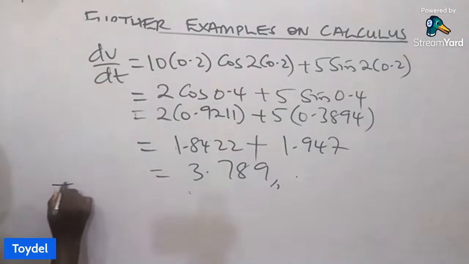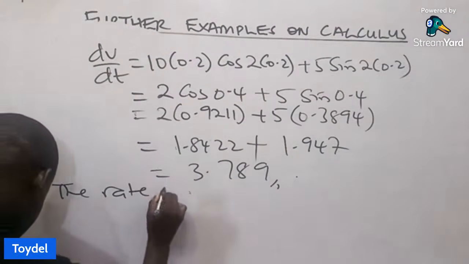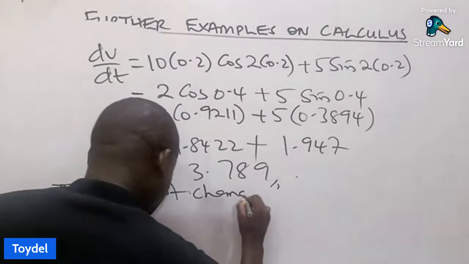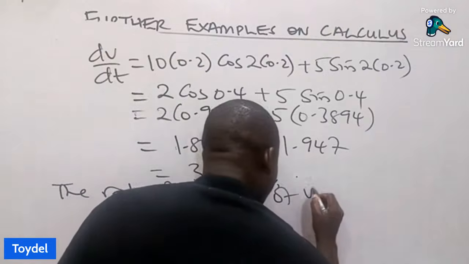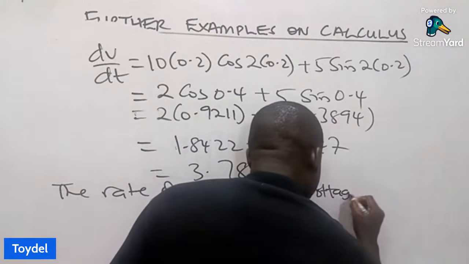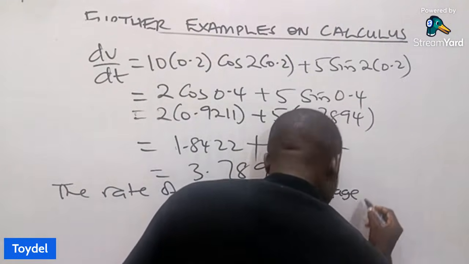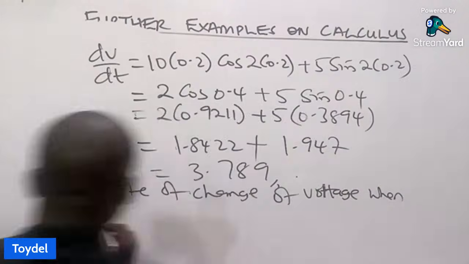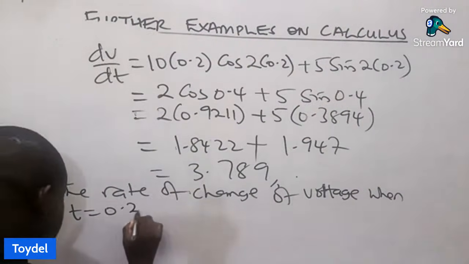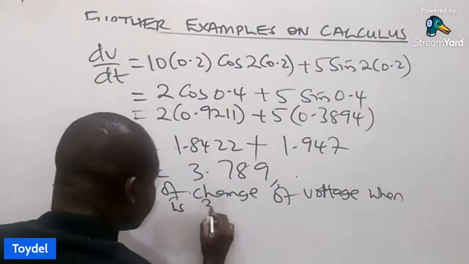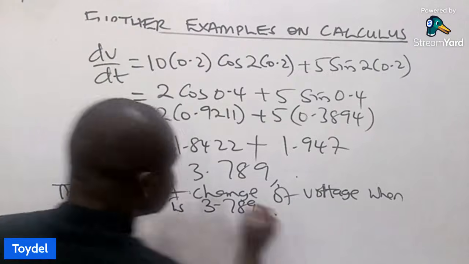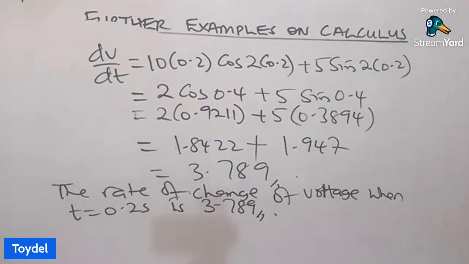So the rate of change of voltage when t is equal to 0.2 seconds is 3.789. That will be the rate of change of voltage.